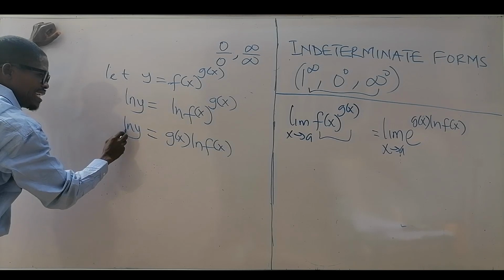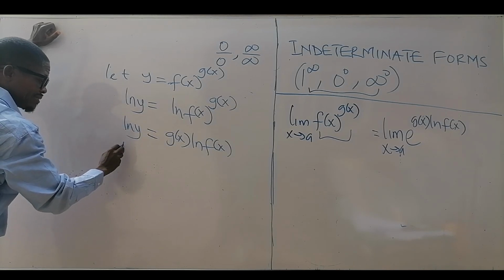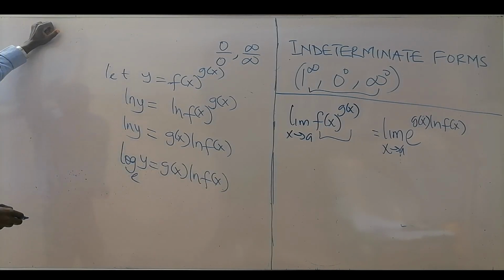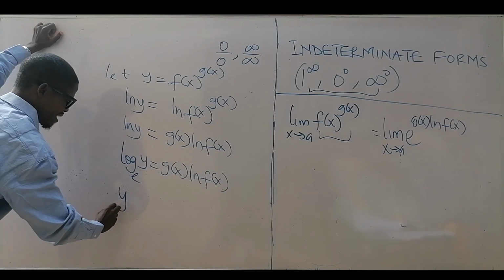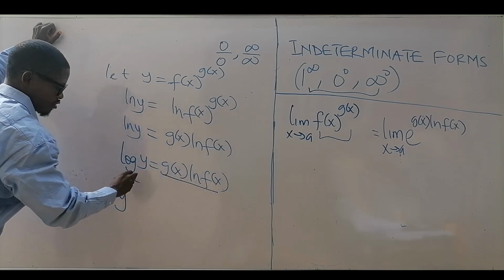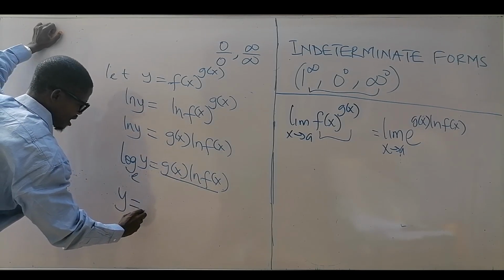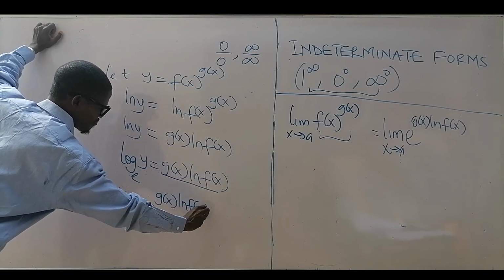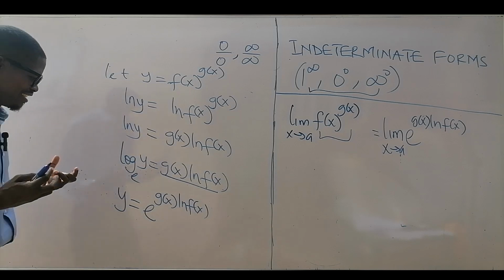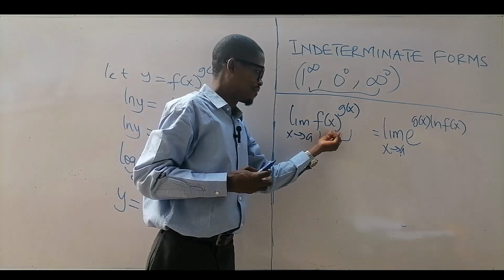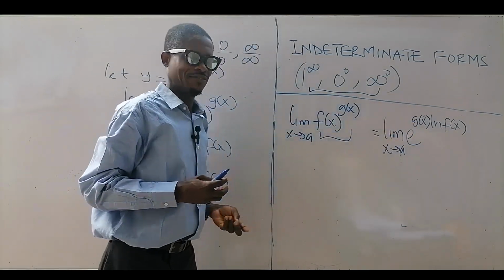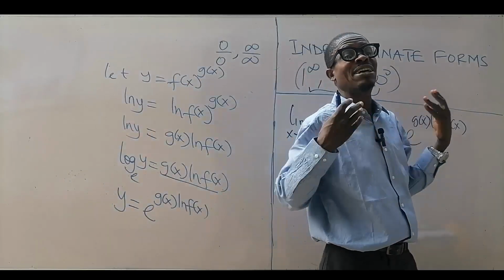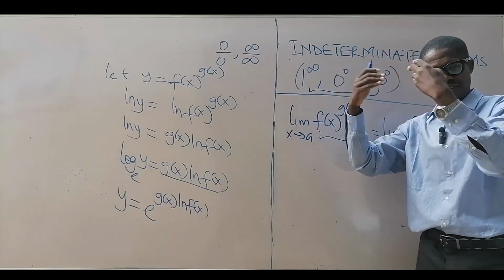Don't forget that ln, natural logarithm, is the same as logarithm to base e. If you apply the rules again, y is equal to e to power g of x ln f of x. So I've shown that this function is the same as that. By the time you get acquainted with solving questions, you would automatically know that this is this.